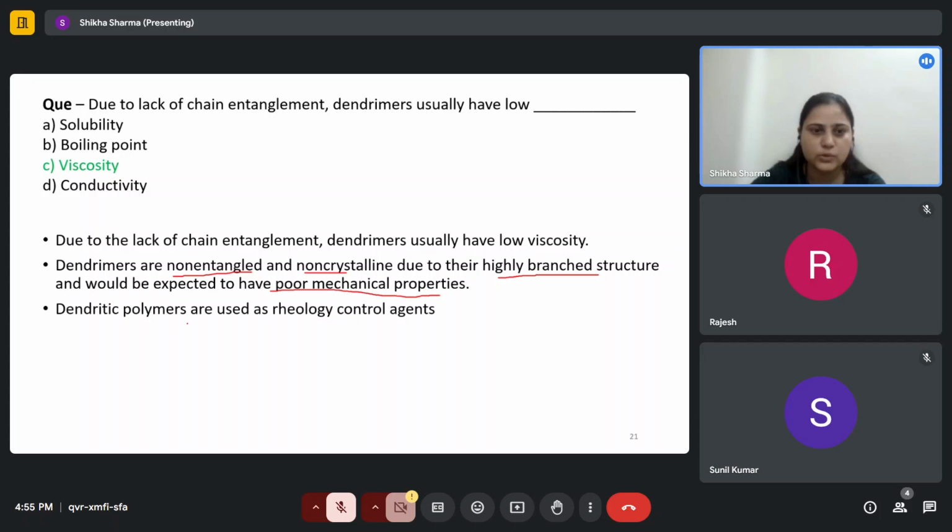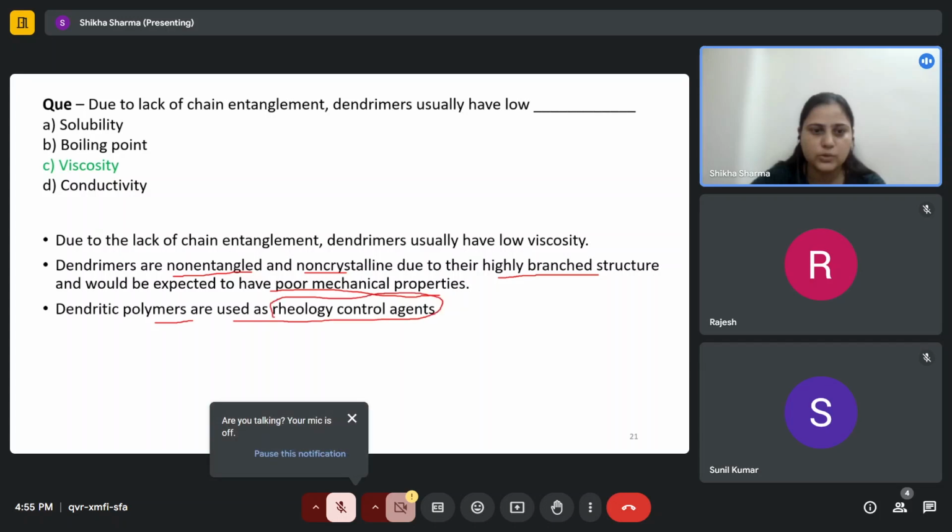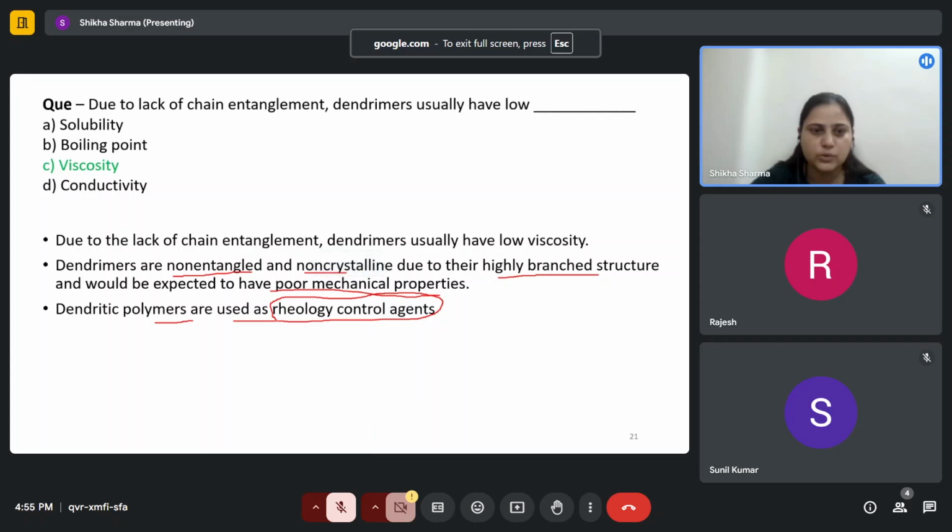And because dendrimer polymers have low viscosity, they are used as viscosity control agents also. The third application is rheology control agents, and the other two applications were encapsulating agents and solubilizing agents.